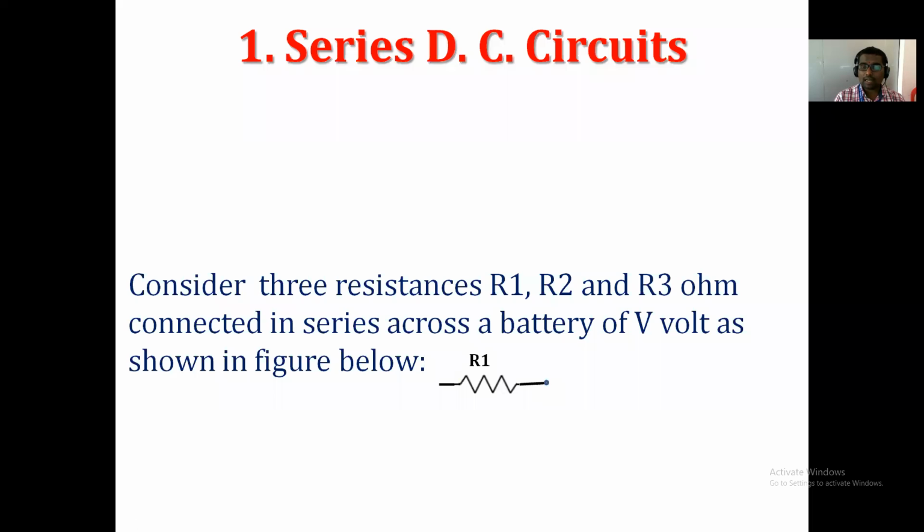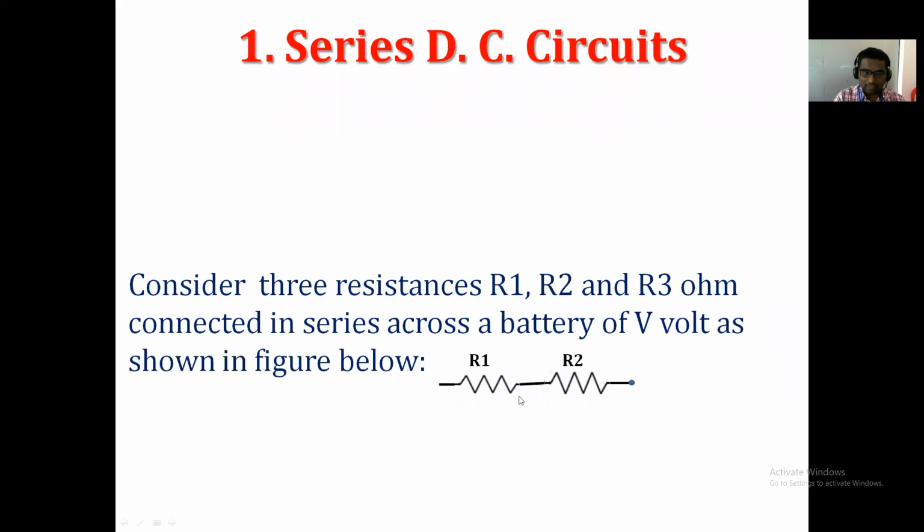Now the point is that when the resistances are connected end to end, it means that one end of R1 is connected to one end of R2.